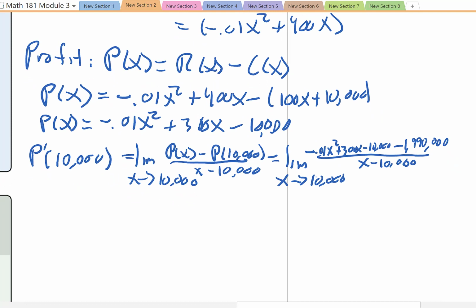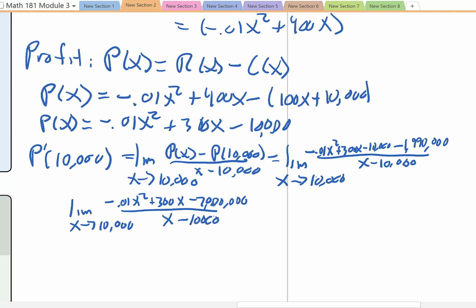So this is going to lead us to the limit as x approaches 10,000 of negative 0.01x squared plus 300x minus 200, or that's 2 million, minus 2 million, over x minus 10,000. Now, it'd be helpful if you factored out that negative 0.01 from the beginning.